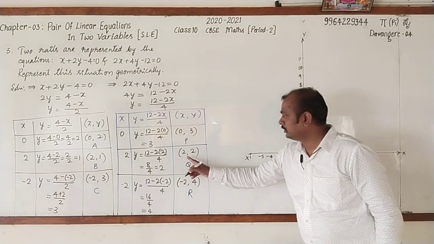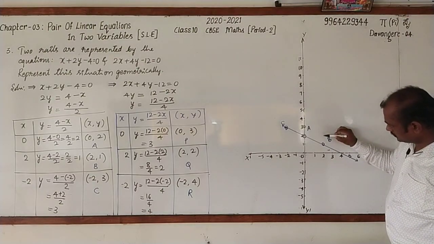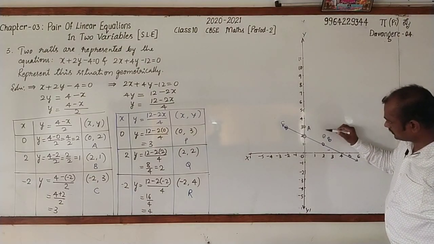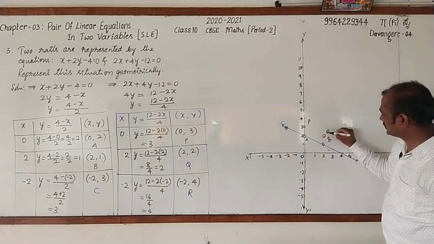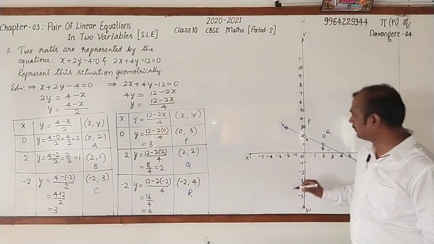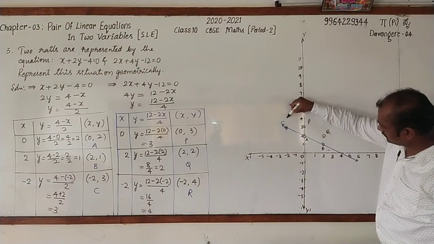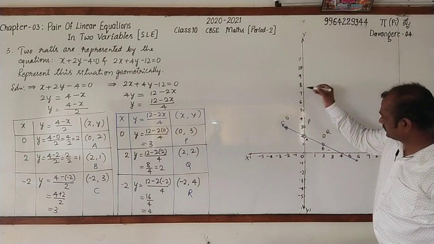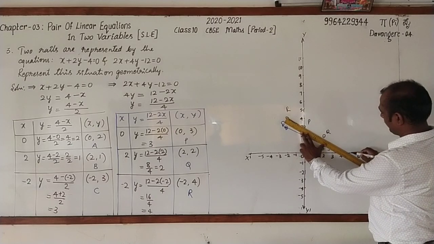Then 2, 2, that comes here. This is P, this is Q. And R, minus 2, 4, that comes here. It is R. Let us join them.